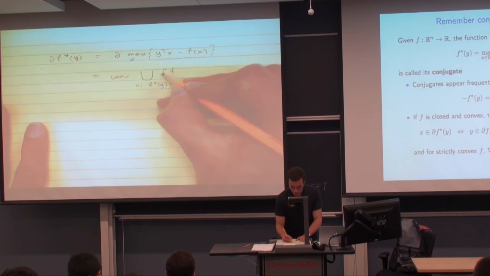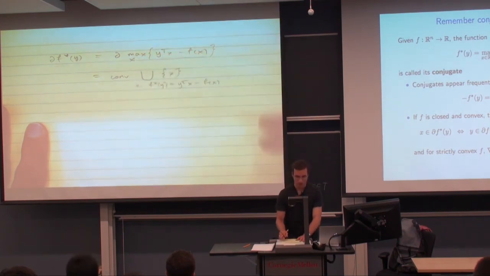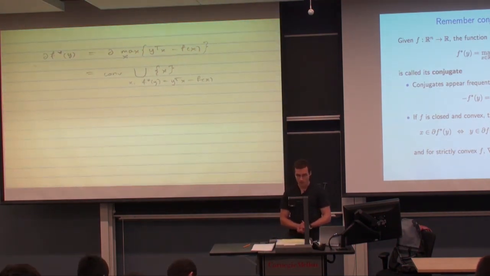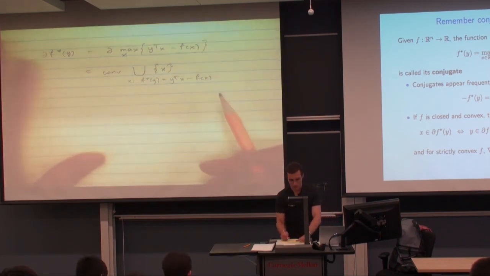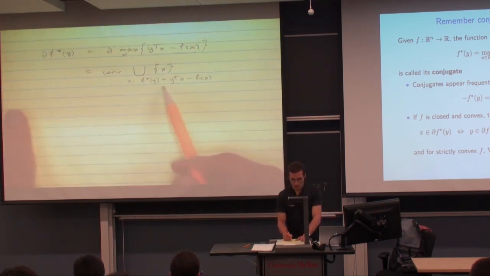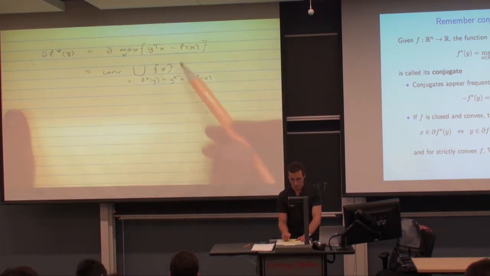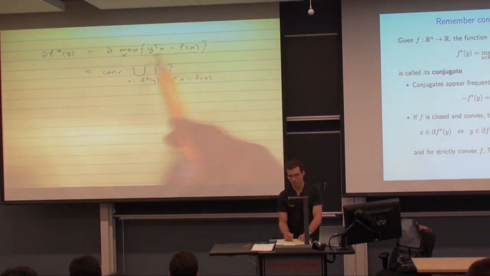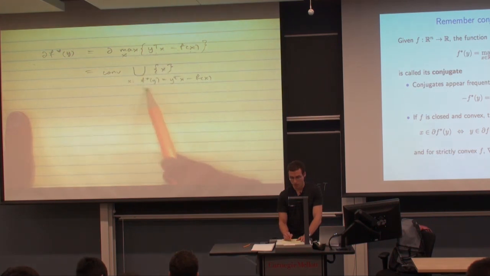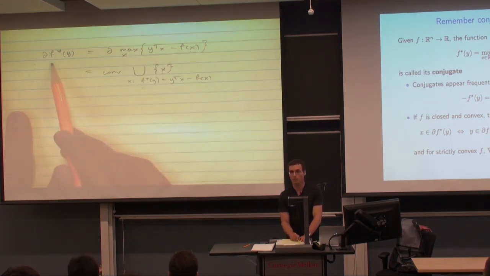So it's just this union. And now we can see, for example, if x is a point that minimizes f of x minus y transpose x, or it maximizes this, which means that we get equality here, then it's going to be in this union, so certainly it'll be in the subdifferential of f star at y.